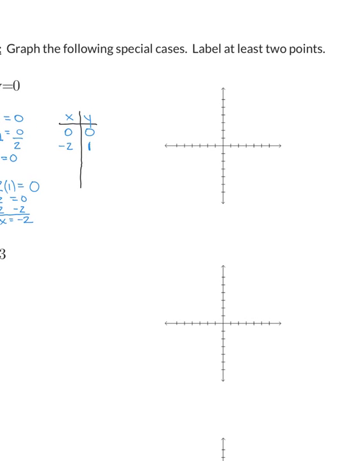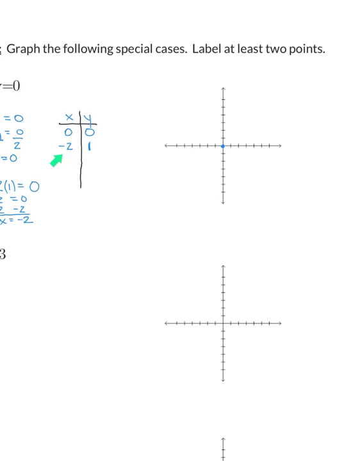If we graph this, we have our first point, (0, 0). In order to graph that, I'm going to start at the origin and not move left or right, not move up or down. And so my first point is, in fact, the origin. My second point, (-2, 1), what does that tell me to do?